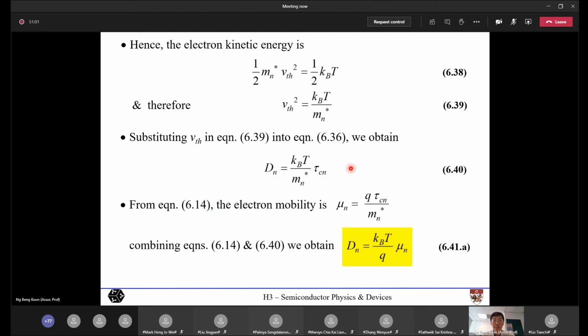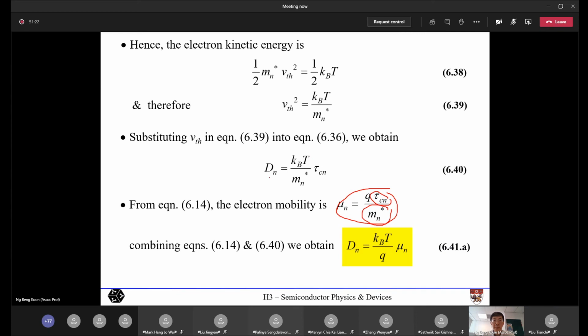Okay, and in this case, you find that there are actually some terms that you can relate to the electron mobility, right? If you recall, the electron mobility is given by this expression here, which is the ratio of the average time between collision and the effective mass.